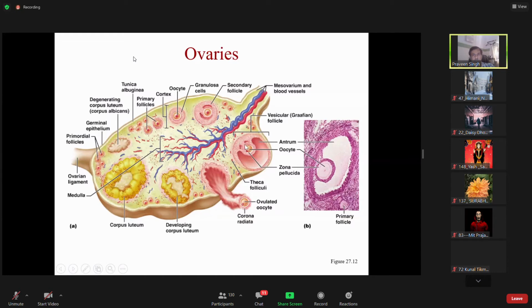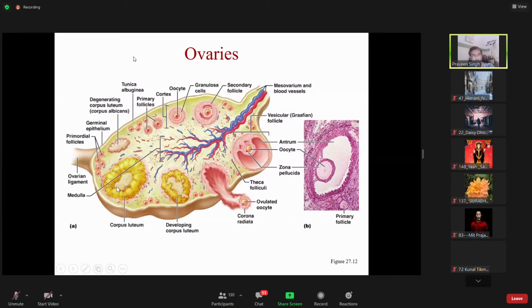Immediately after ovulation, this bag will develop into luteal cells. This bag full of theca interna, theca externa, and other follicular cells will form the developing corpus luteum.